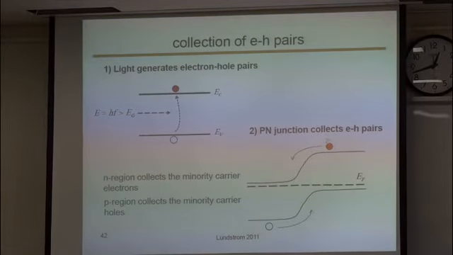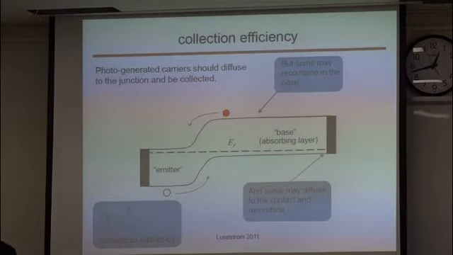The electron in the conduction band will be moved to the lower energy level, which is the N-type semiconductor. On the other hand, the hole will be transferred to the higher energy level, which is P-type, in the valence band. And the transferred electrons will be circulated through the external circuit.